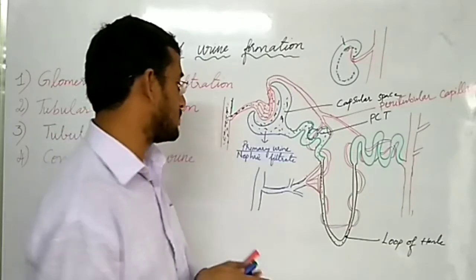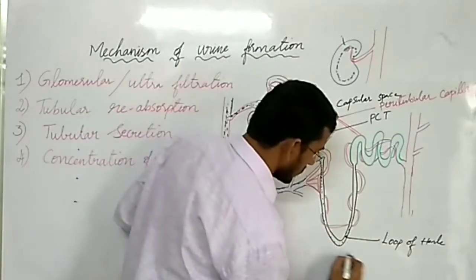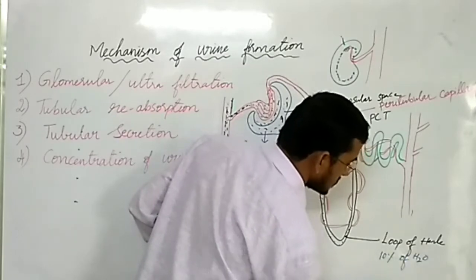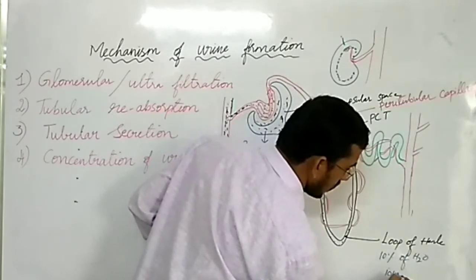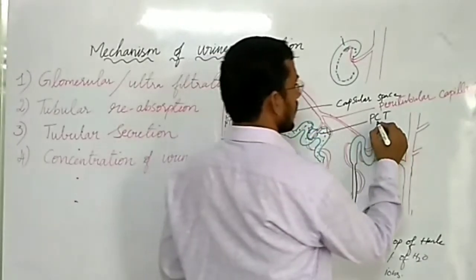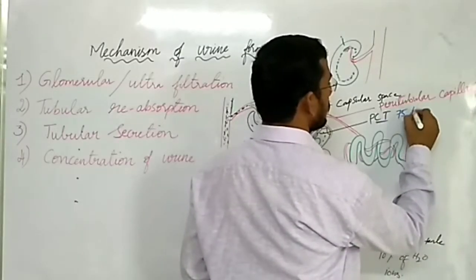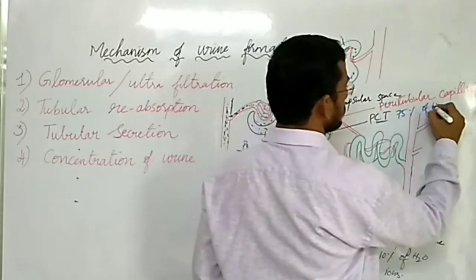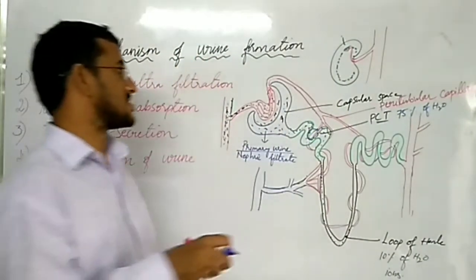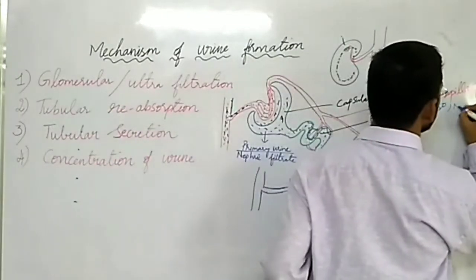In the case of the PCT, 75% of water is absorbed, along with some useful nutrients.